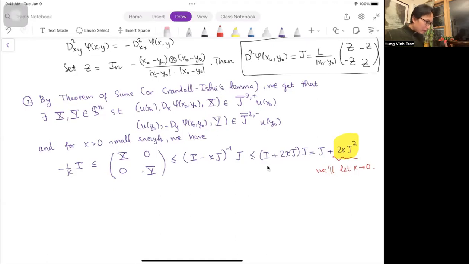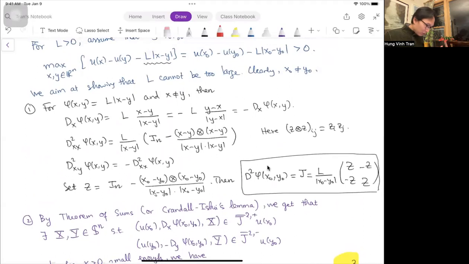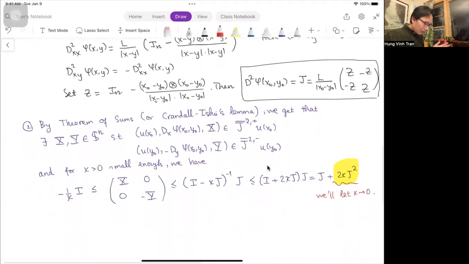All right. So far, every single step is just basic computation of the Hessian of L times x minus y, and writing down the basic definition of what we get from the Crandall-Ishii lemma. There's not yet anything new.